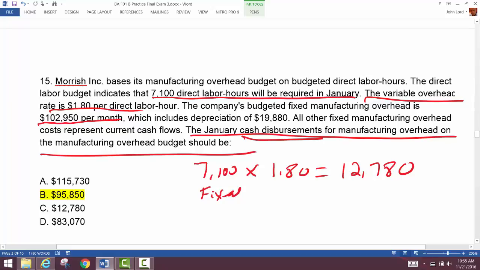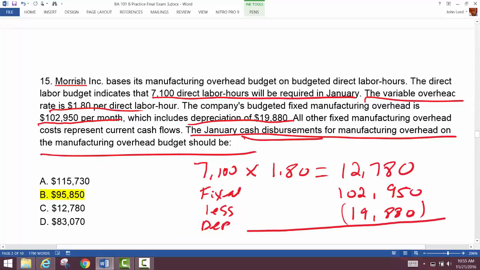Fixed is 102,950. Good, but what? Good, less the depreciation of 19,880. Good job, Omar. Take that off, and so that gives me now what? 95,850.